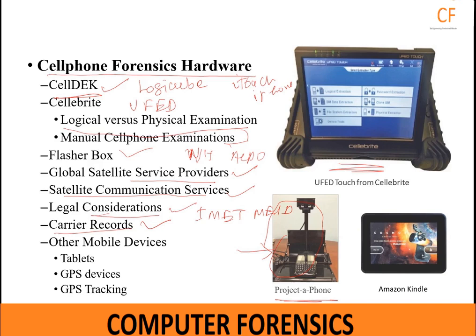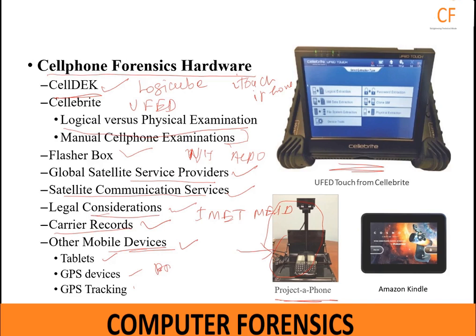Other mobile devices. Numerous other devices can be of evidentiary value to investigations. These devices include tablets, GPS devices, and personal media devices. Tablets, as with cell phones, come in many different types on the market. The software and the operating system running on these devices are very similar. iOS and Android are the most widely found operating systems running on tablets.